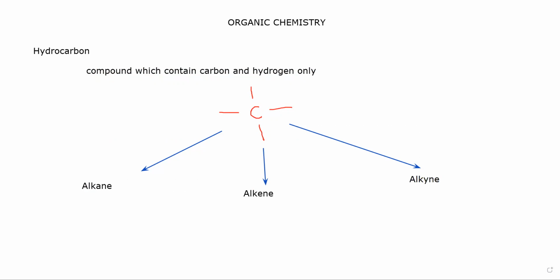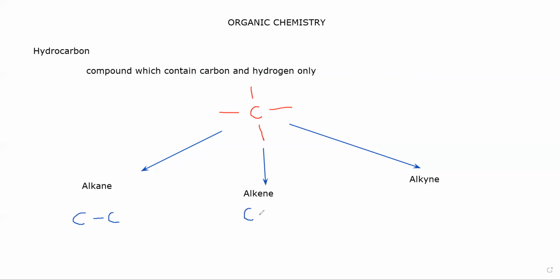What is the difference between these hydrocarbons? In alkanes, between the 2 carbon atoms there will be a single bond, because carbon can have a single bond between them, as maximum it can form 4 bonds. So if between the carbons there is a single bond, we call that an alkane.